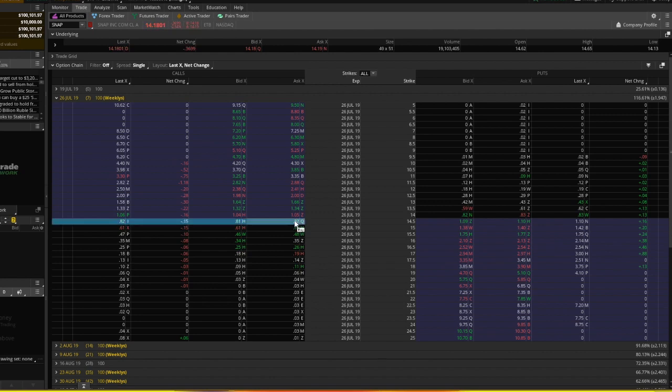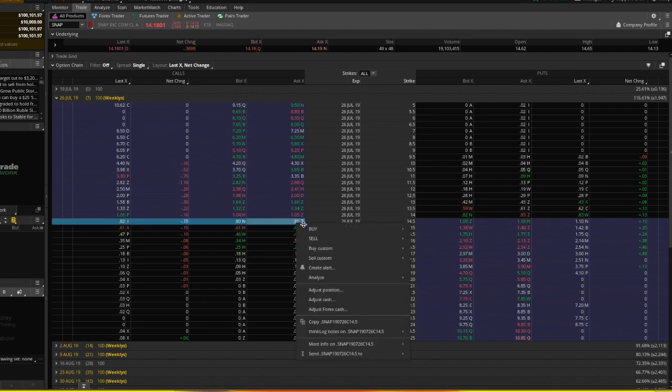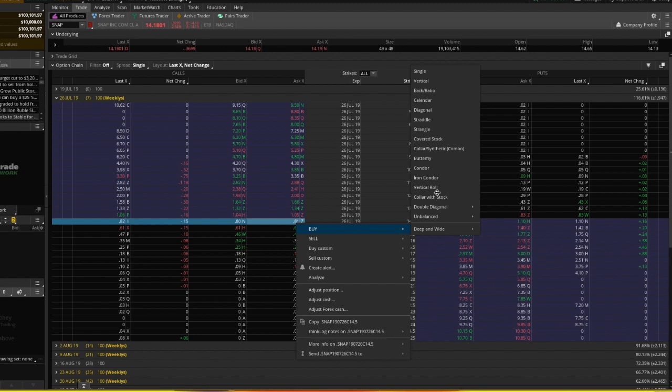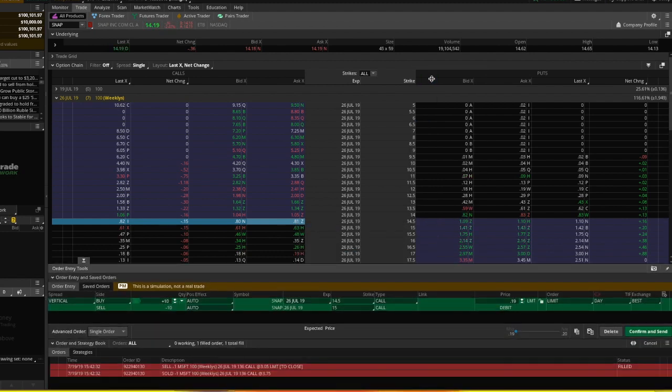So what you want to do is click on this, right click it and do buy, and go and click on vertical, and then this trade tab will open. For now you just want to open one, and here you want to actually sell the call, and here you want to buy the call. So that is actually perfect.